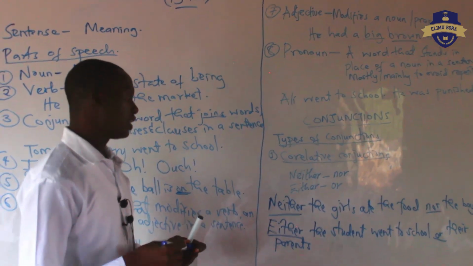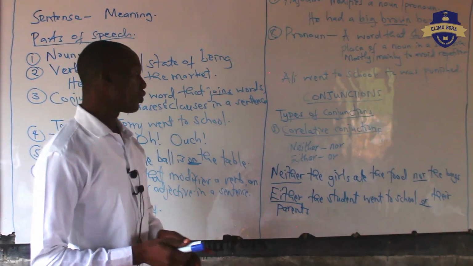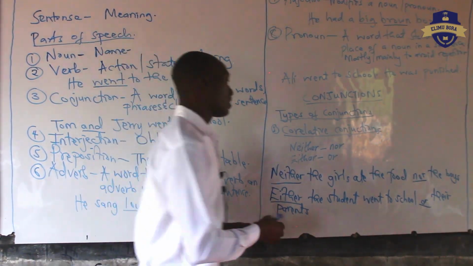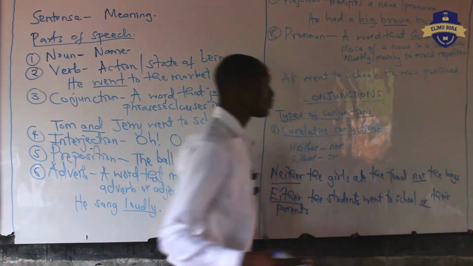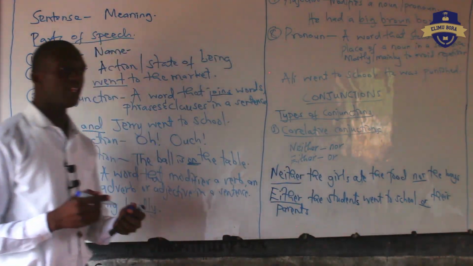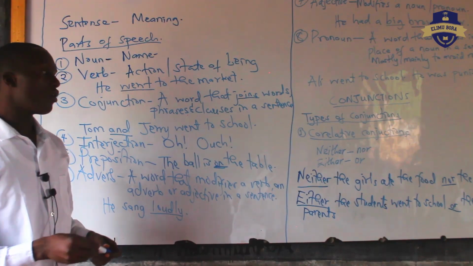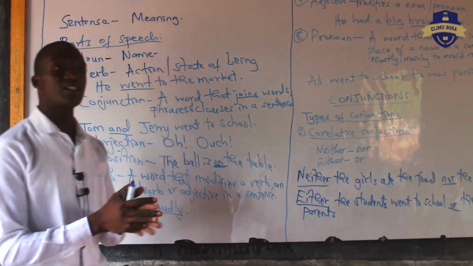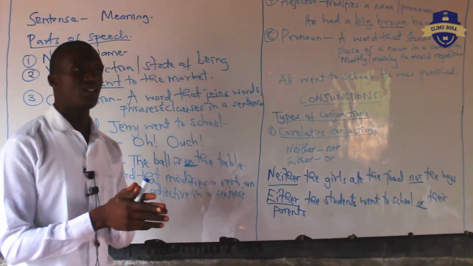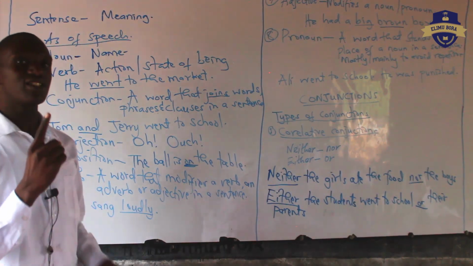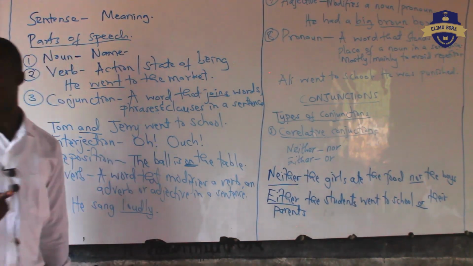We have either or. Either the students went to school or their parents. What does that statement mean? At least one of them went to school.